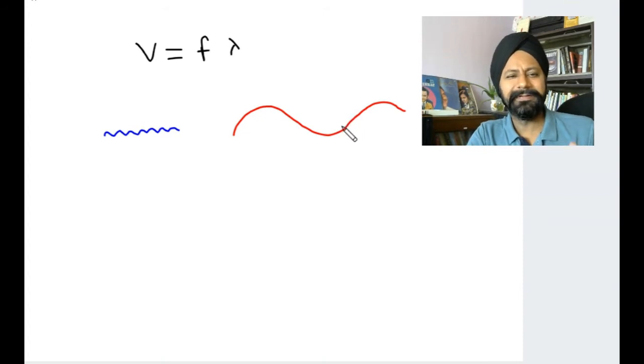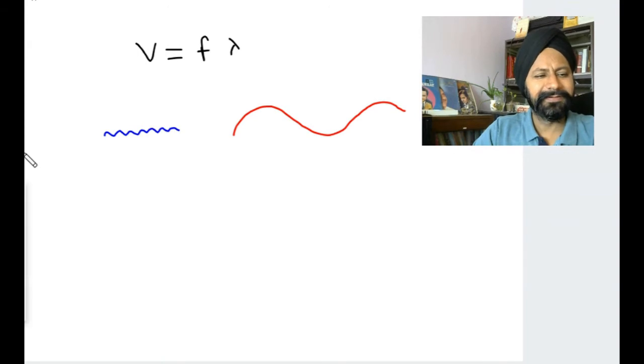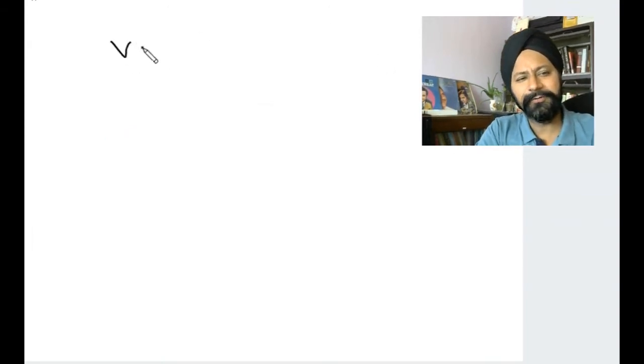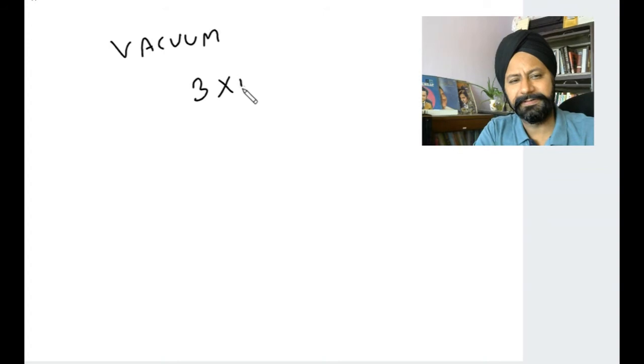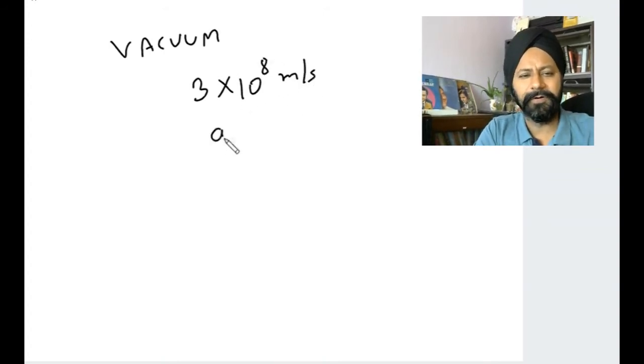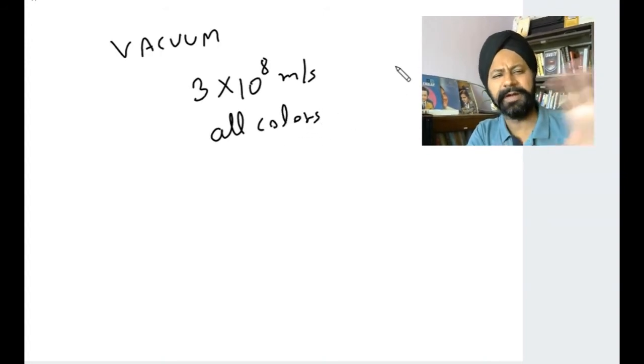Now talking about the speed, when you're talking of vacuum, all the rays of light, all the frequencies, travel at 3 times 10 to the power 8 meters per second, not just all colors, even infrared, X-rays, gamma rays, all of them have this speed.